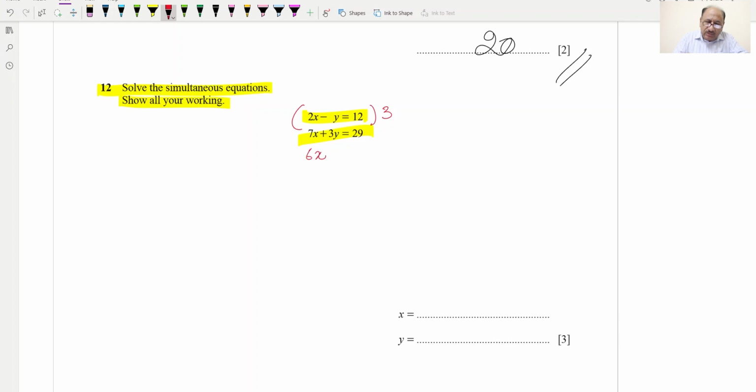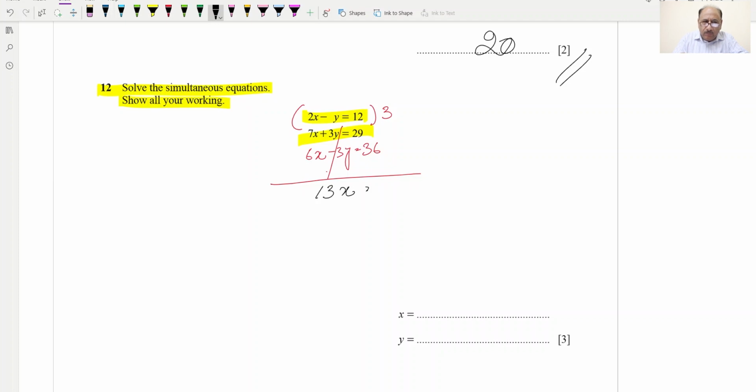I'm writing here second equation minus 3y is equal to 36. Now we can change sign. No need to change sign because they already have opposite signs. So 3y minus 3y will be cancelled, and this will be 7x plus 6x will be 13.